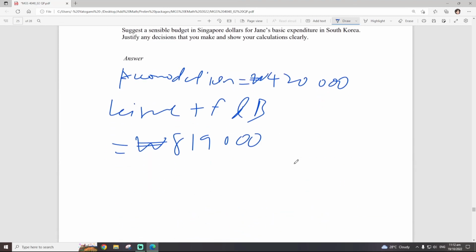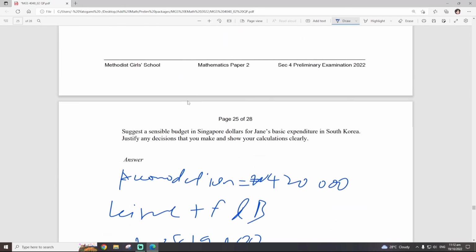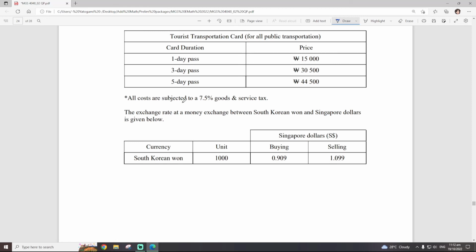So 3 day pass plus 5 day pass equals to 75,000. One can verify if you want. You can write down 1 day plus 3 day plus 3 day, then you calculate how much this is, which is 15,000 plus 30,500 times 2, which is 76,000.